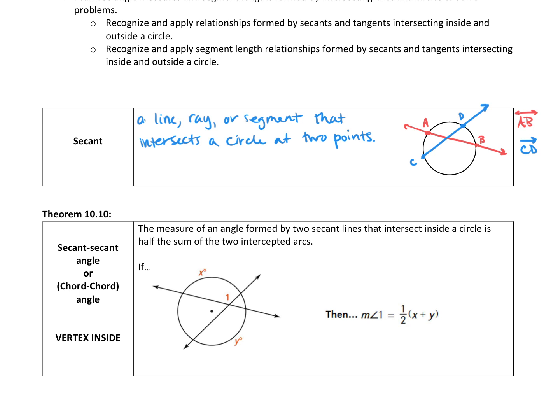That is a secant. It's intersecting your circle in two spots, and one of them does continue on through. And then it could be a segment. Here's segment EF. That's a secant intersecting the circle in 2 points. So those are three different examples of secants.